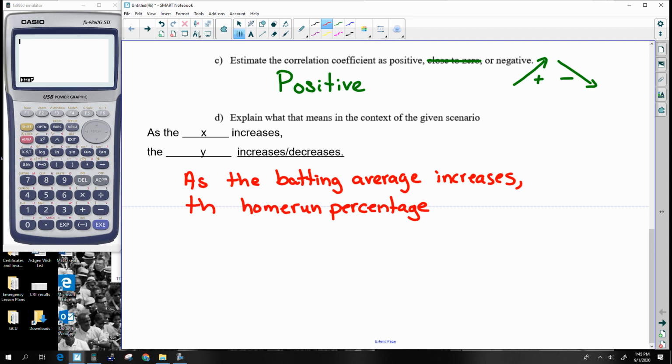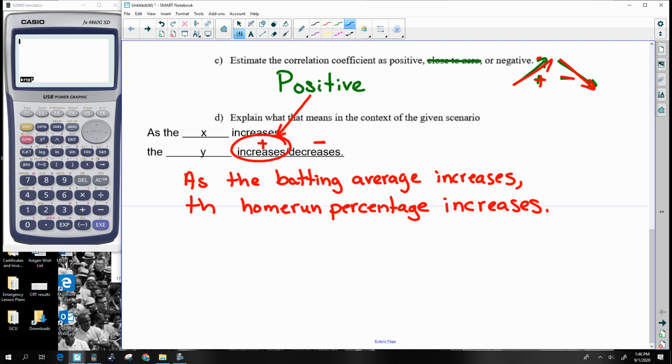And this is all stemming right from that previous answer. Does your line go uphill? Again, if it goes uphill, it's positive. If it goes downhill, it's negative. So this is positive. That means it increases. If it were negative, then you would fill in that second blank with decreases. So this one is going to be increases because it does go uphill.